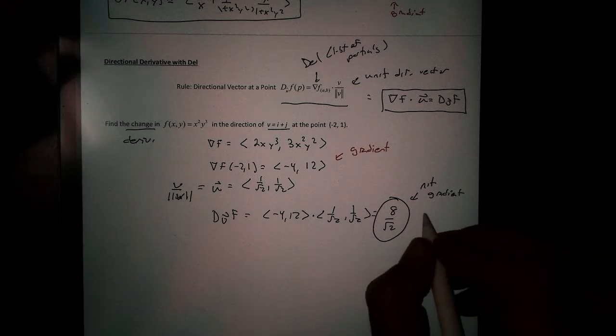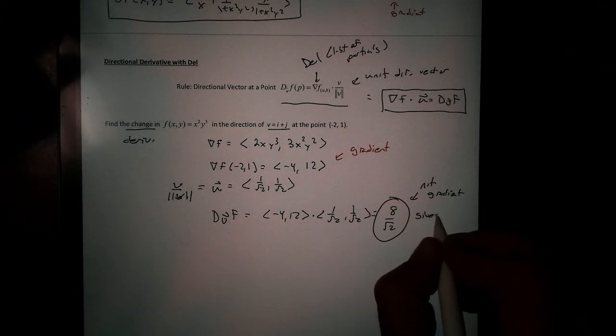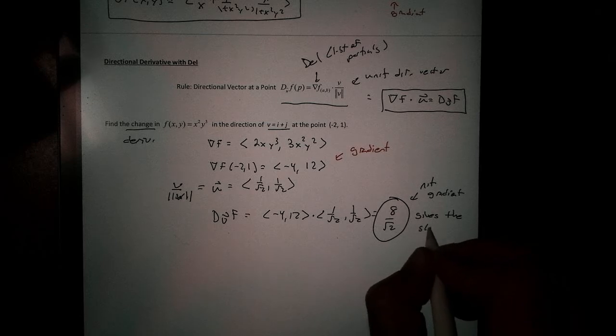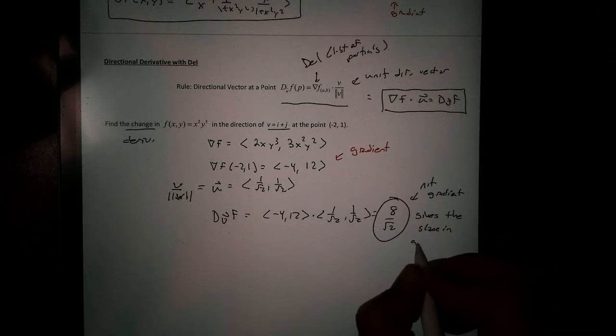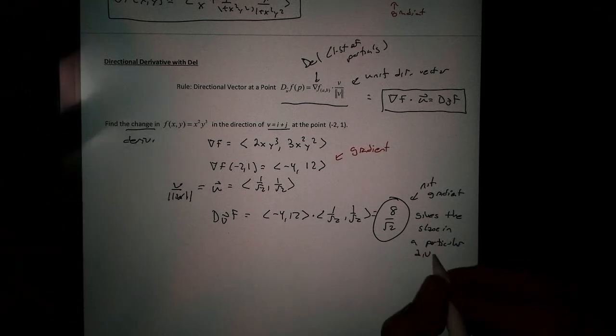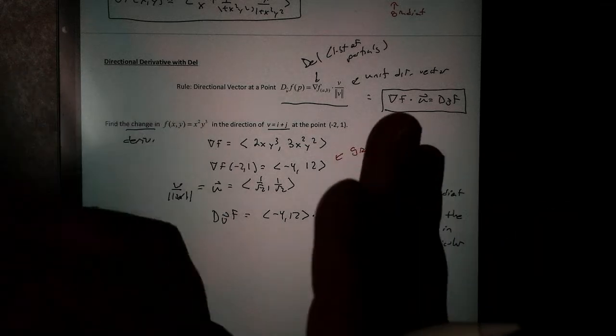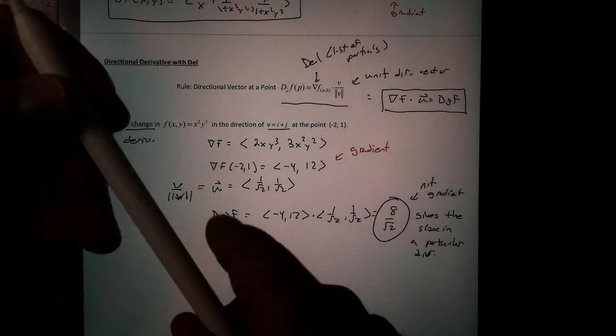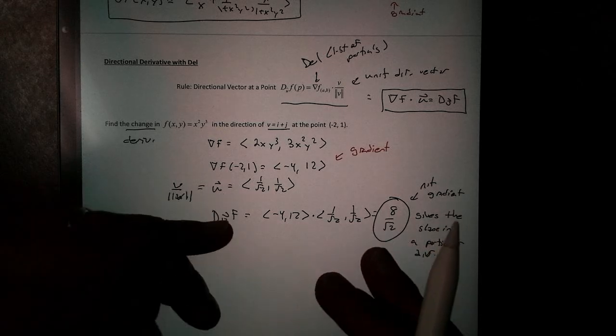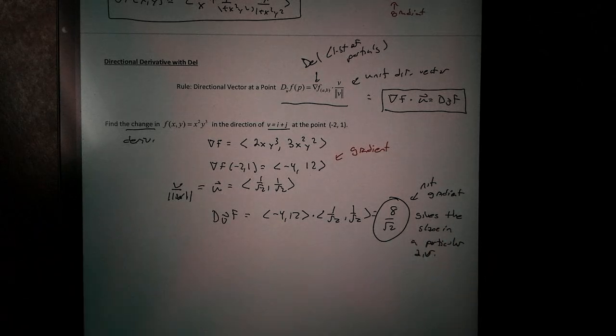The directional derivative gives us the slope in a particular direction. In other words, the gradient, and again, we're going to talk about the gradient more tomorrow, gives us the direction of maximum increase, while the directional derivative gives us the slope in a particular direction.